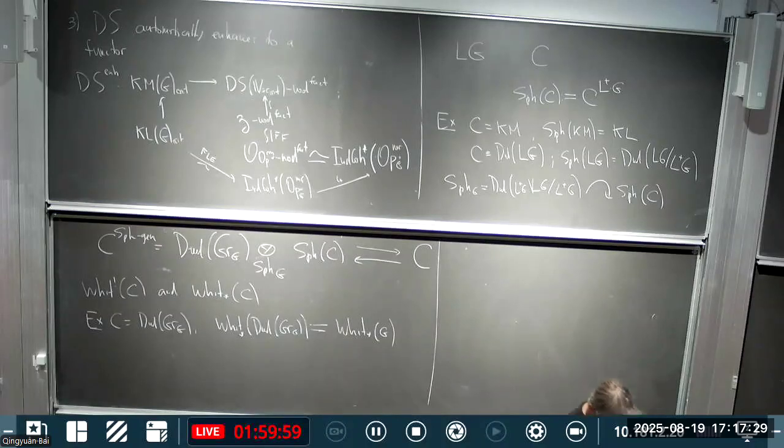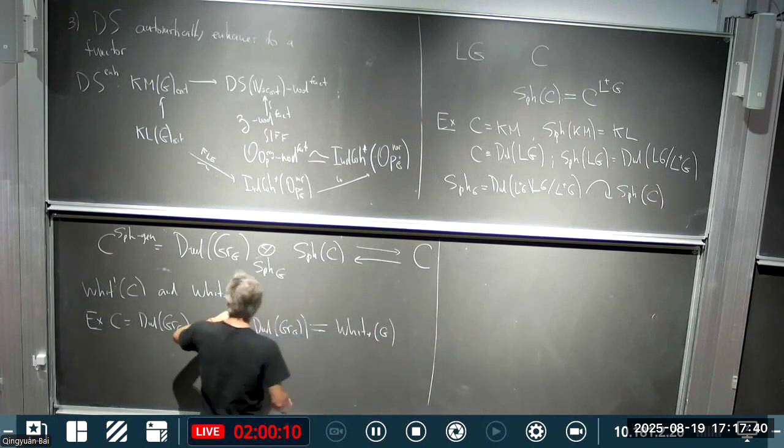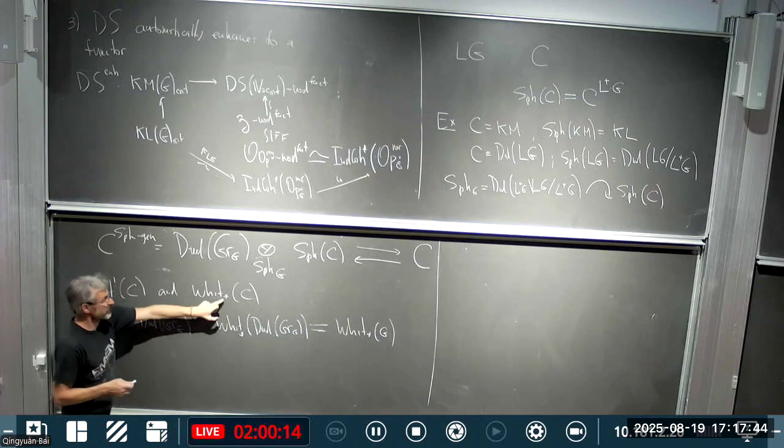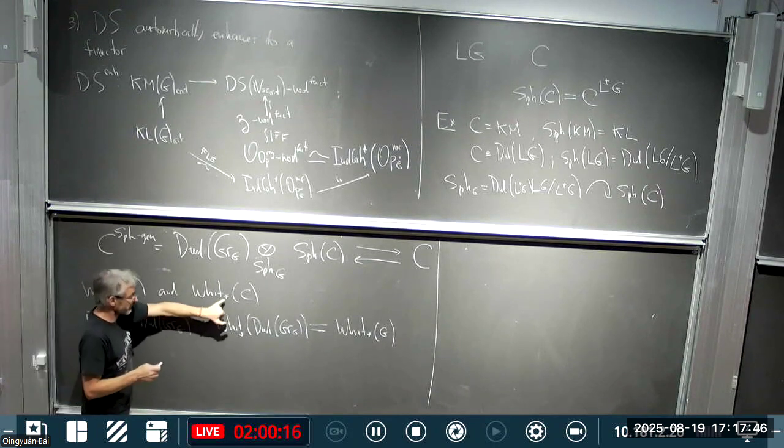All right, so both have universal properties. This one with respect to mapping in, this one with respect to mapping out. So here in particular is mapping out.